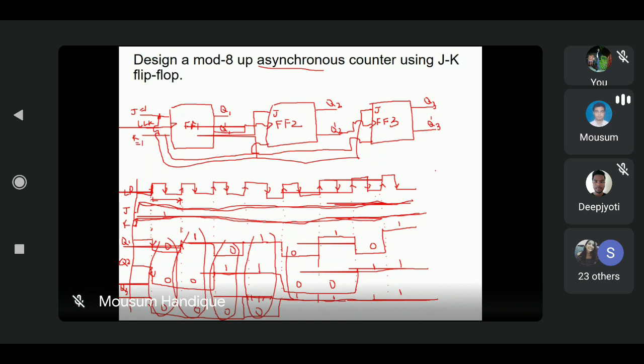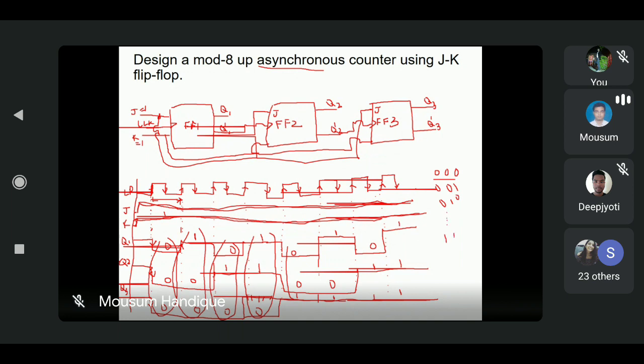So we can write it this way. Every time, the output of the flip-flop, what is the time interval? The first interval starts from 0, so it is 000. When we apply the second clock pulse, it is 001. The third one is 010. It goes up to 111.